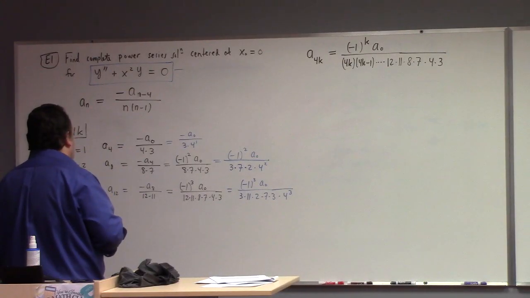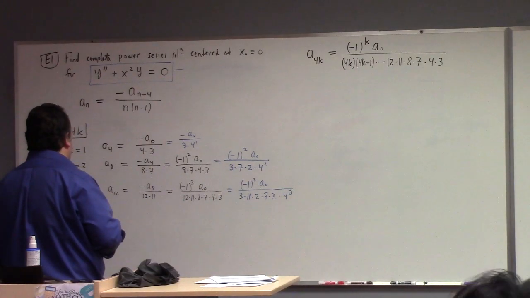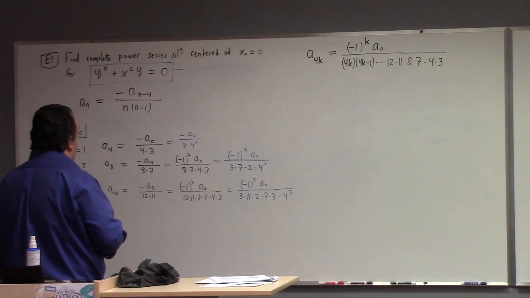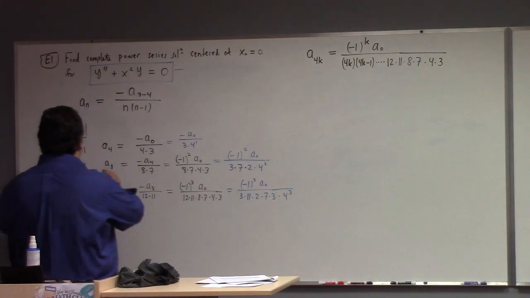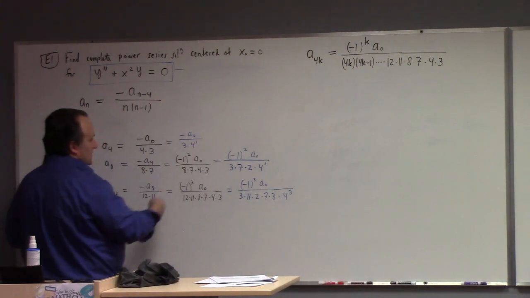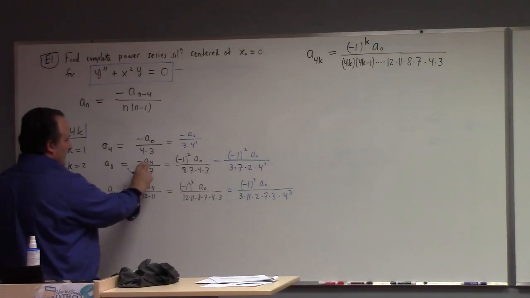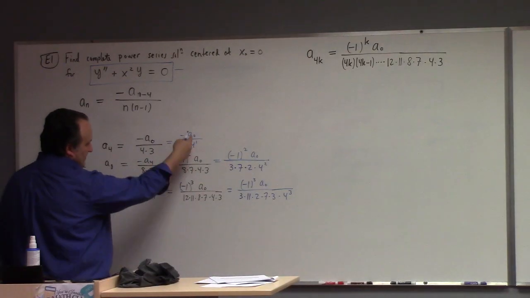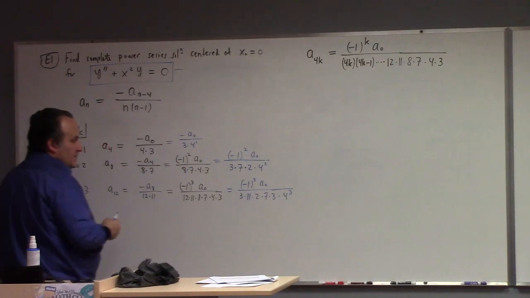Because when something negative is squared, it's positive. If it's negative, doesn't that mean our powers have to be odd, so k plus 1 power? I mean, this is k equals 1, I've got a minus. K equals 2, I've got a minus from this, but I also got a minus from that one. They combined to give me a square.